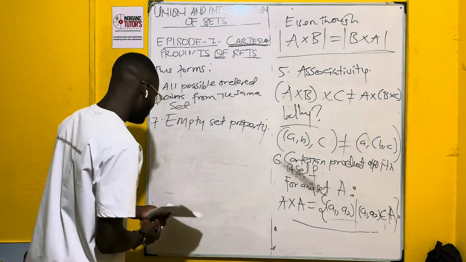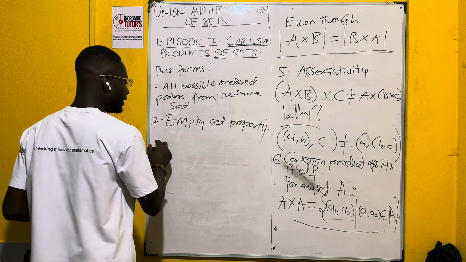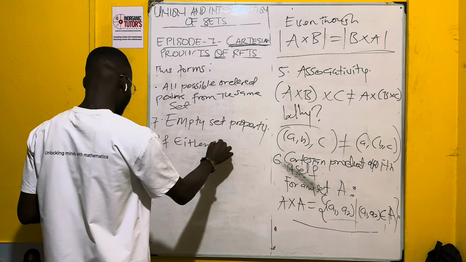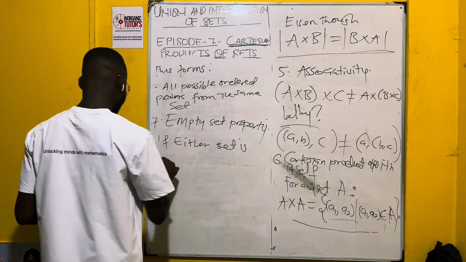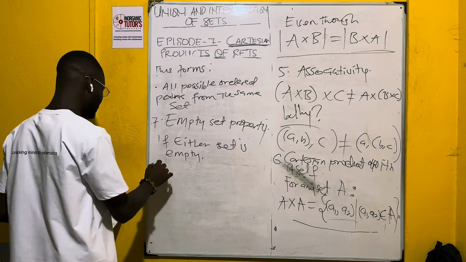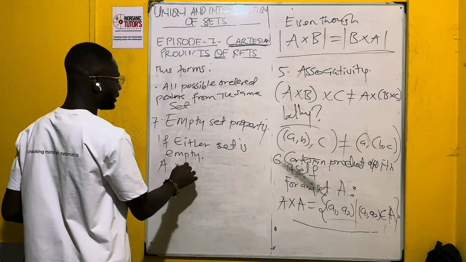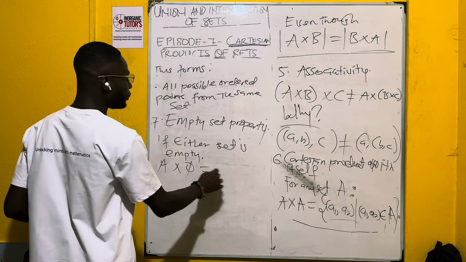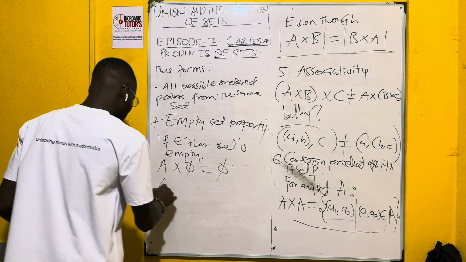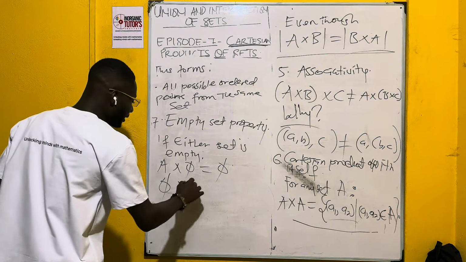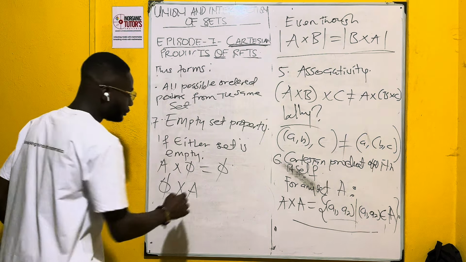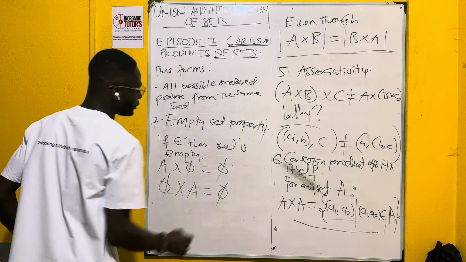So we say that if either set is empty, then A cross empty set produces an empty set, right? And when you cross an empty set with a set, you produce what? An empty set as well.